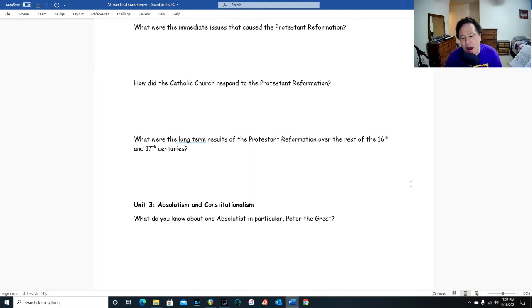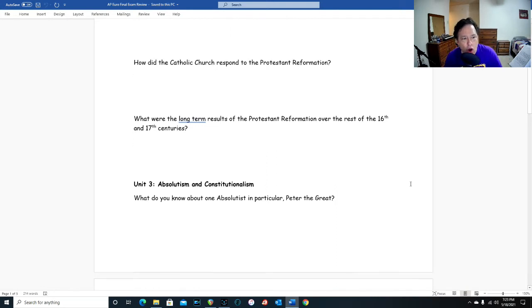But at the same time, the Council of Trent made it very clear to the world that they were not going to compromise one iota of Catholic doctrine. Kind of reminds you in a way of the NRA. We are not budging on anything.